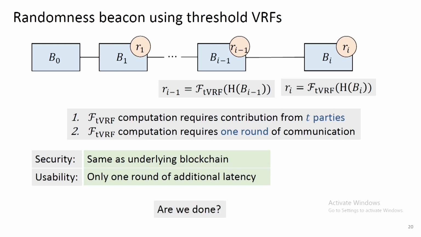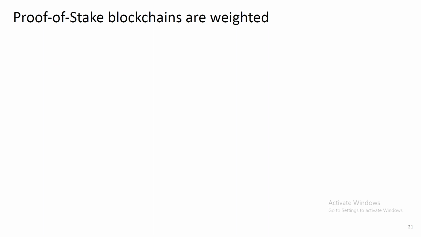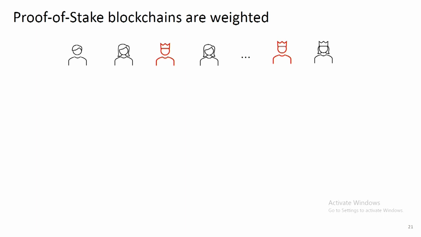But we are not done, because I have some time. What we want is randomness for proof of stake blockchains. This is a slightly different problem statement, because here the parties are weighted. We have a set of parties or miners, which are also known as validators. In proof of stake blockchains, these parties are weighted based on how much stake they contribute to the blockchain security.